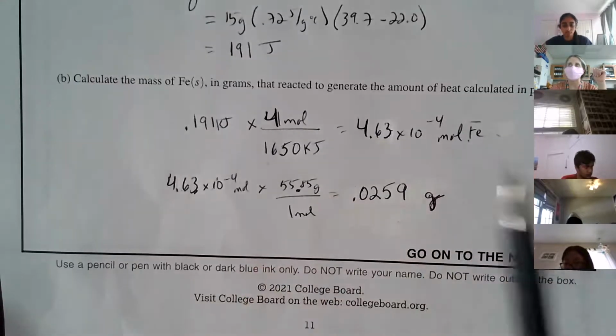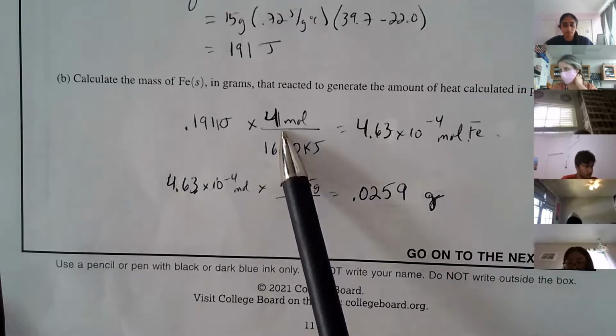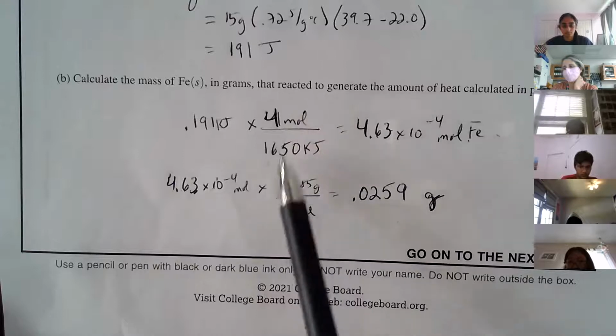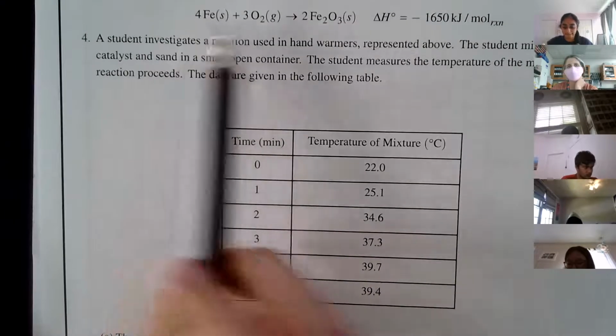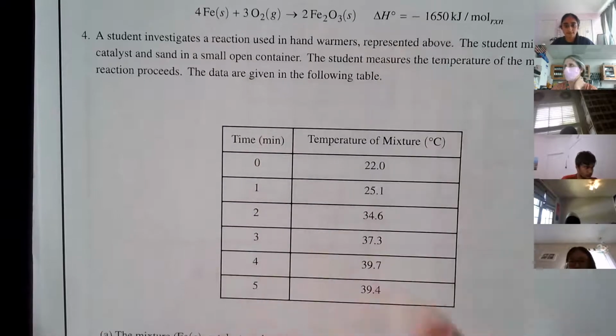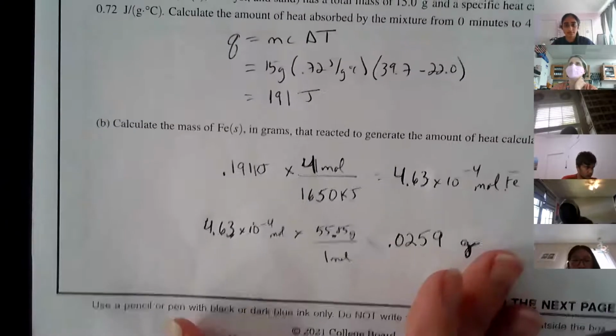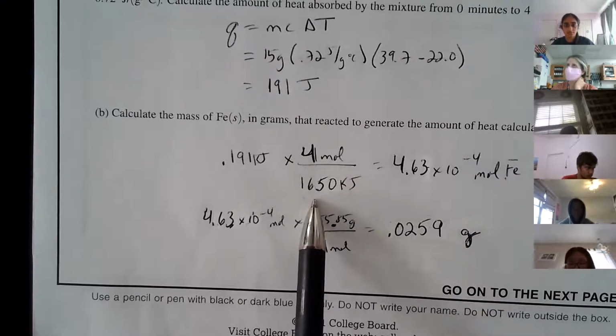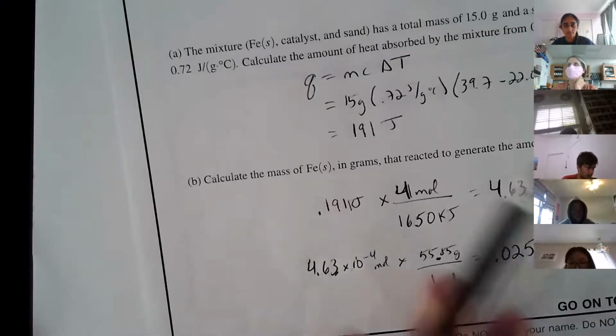Letter B, I'll be honest with you, I made the fatal mistake here. I did not put over 4 moles. Always look at the balanced chemical equation. I had a 4 in front of the Fe that gives you that amount of energy out. So that is why I get 4 moles per that many kilojoules, so I could then find my number of moles.